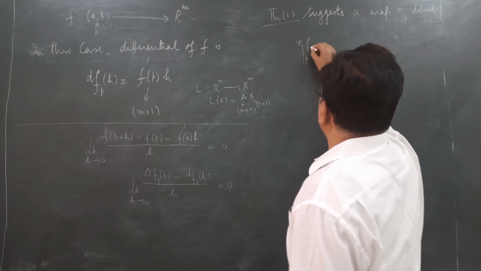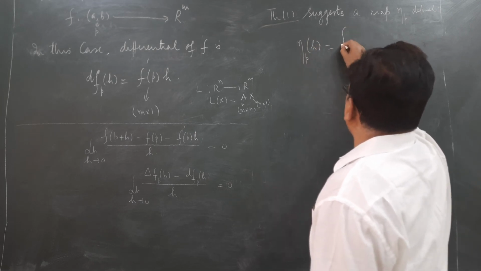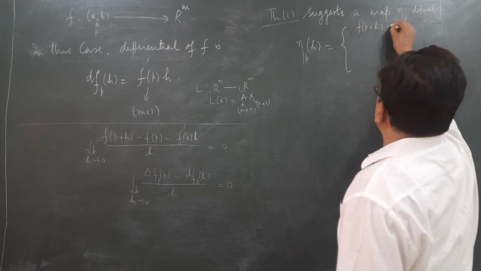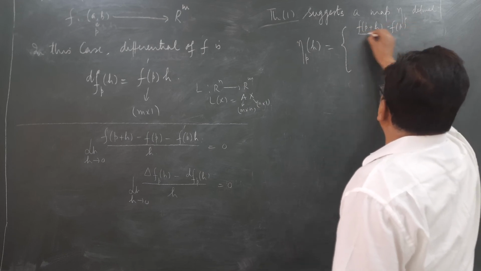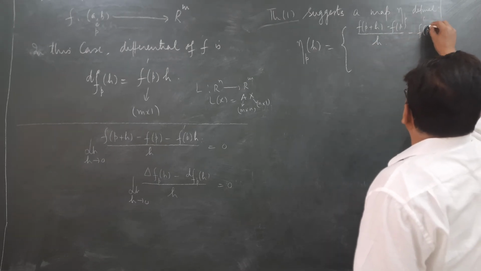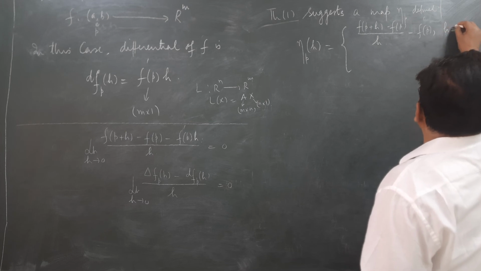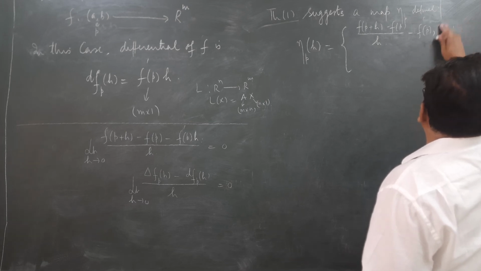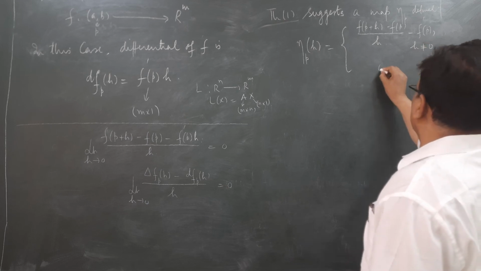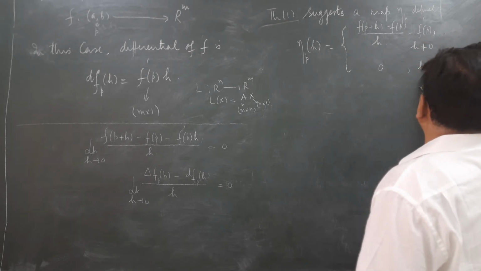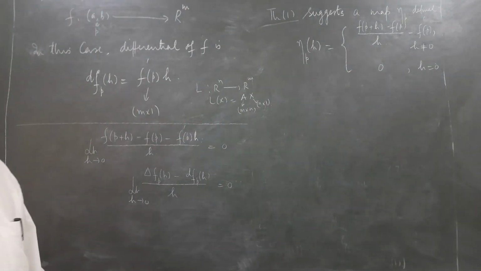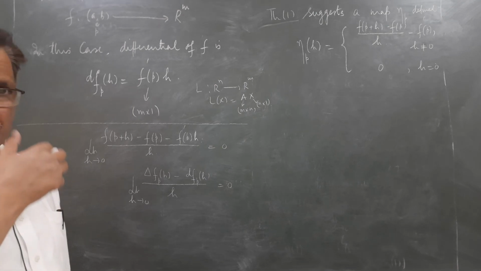I am defining eta p of h equal to f of p plus h minus f of p upon h, minus f dash p, when h is non-zero. Is it visible? Yes, sir. Should I write it down here? h is not equal to 0, and this term is 0 when h equal to 0. So we are thinking of this map.